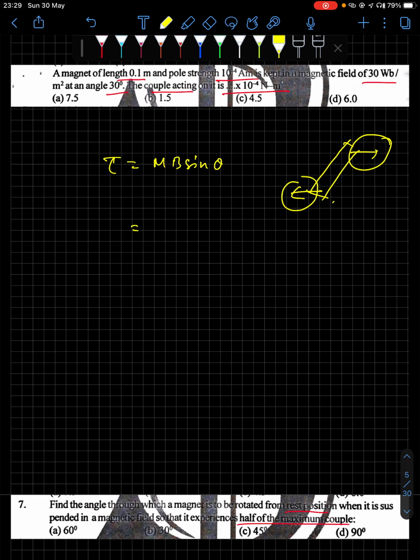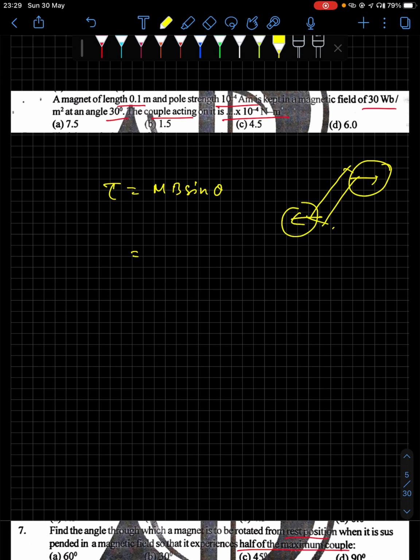So tau equals mB sine theta, where m is the magnetic pole strength into dipole length. I'll put the values directly, because this twice-l often creates confusion.